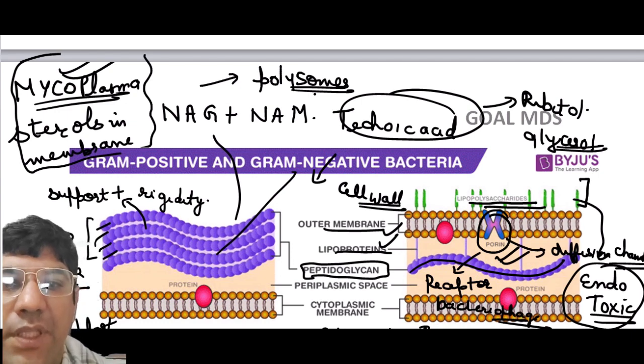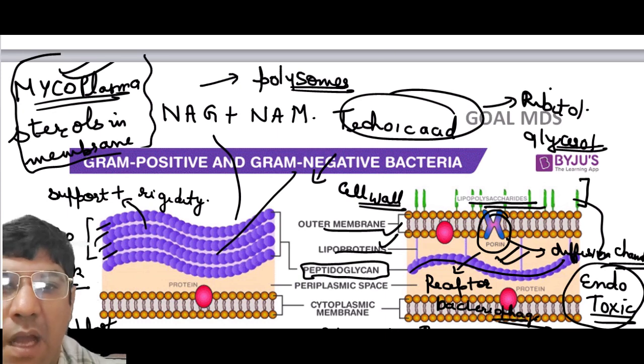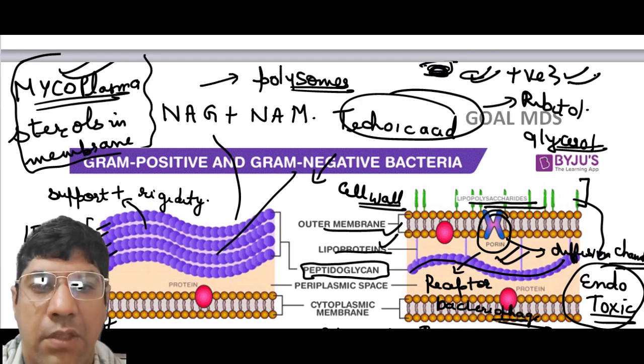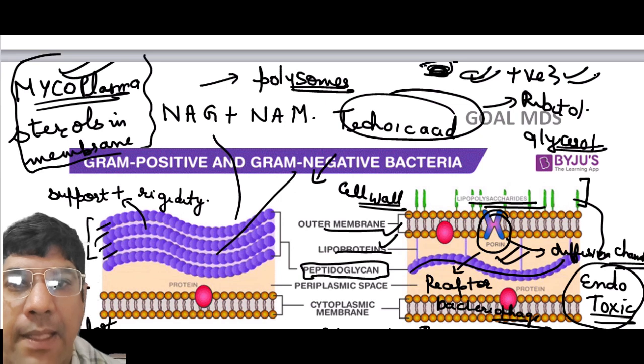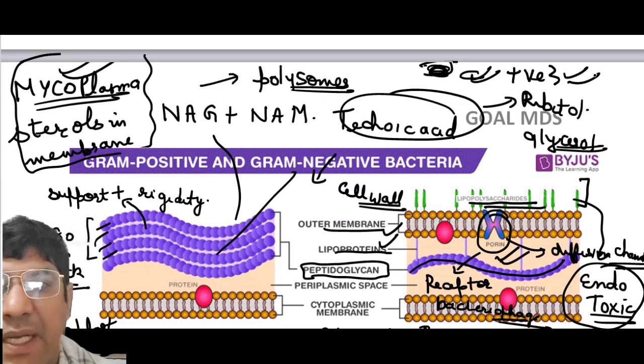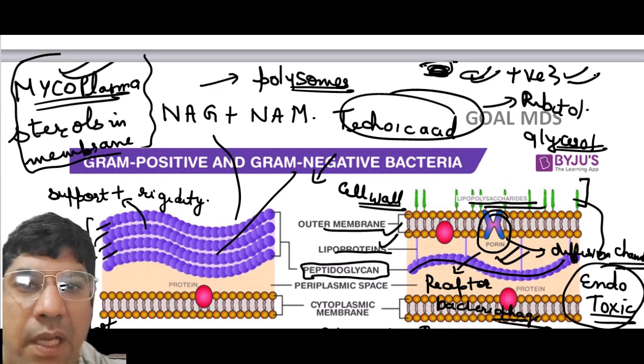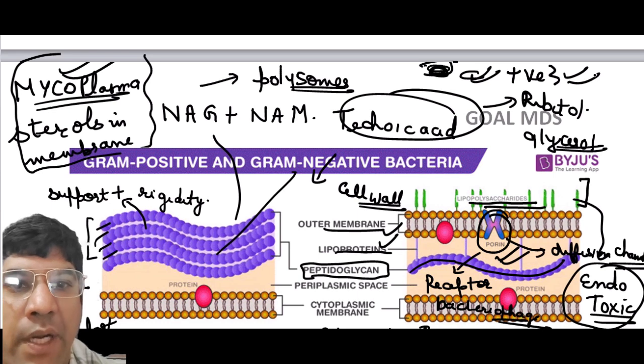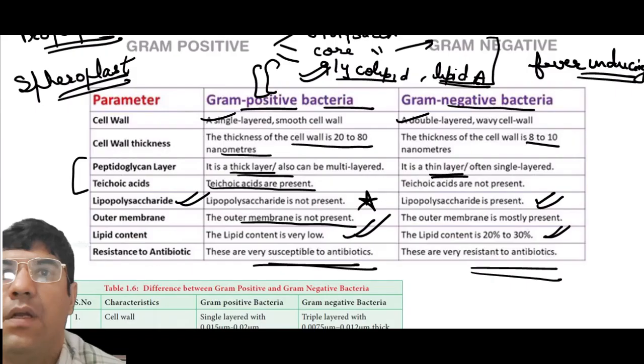The mesosomes, remember you can get an MCQ on how mesosomes are formed. They are formed by invagination of the plasma membrane. Mesosomes are more prominent in gram-positive bacteria compared to the gram-negative bacteria. So the mesosomes serve as the principal site for respiratory enzymes, similar to the role of mitochondria in eukaryotic cells.